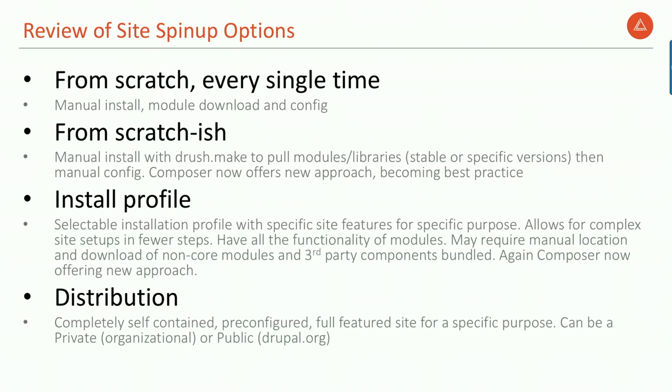So if you're on Pantheon or if you're just building locally, you download the tarball, put it in a directory, spin it up on your local environment, and then you either start downloading modules from within Drupal on the install module page, or if you're a little bit savvy, you'll use Drush, and you can start downloading stuff via Drush.